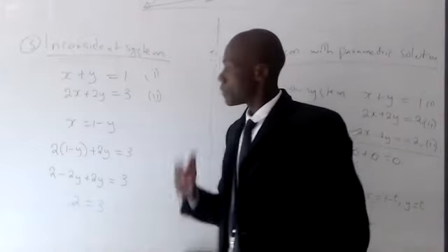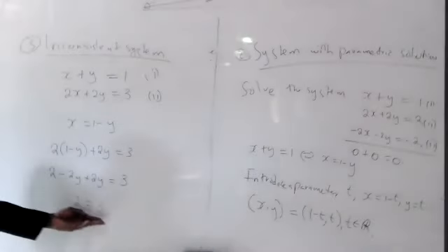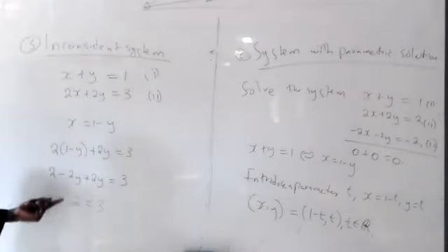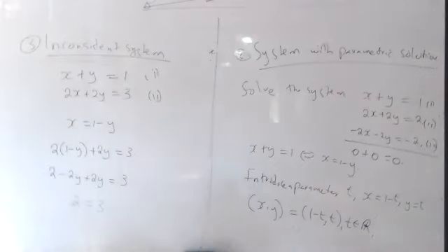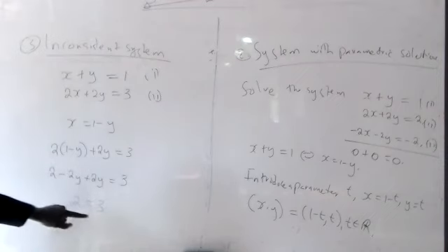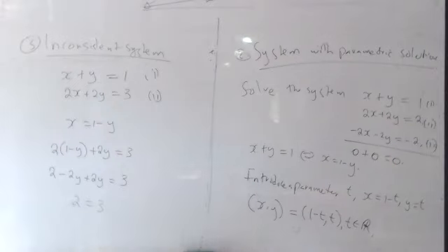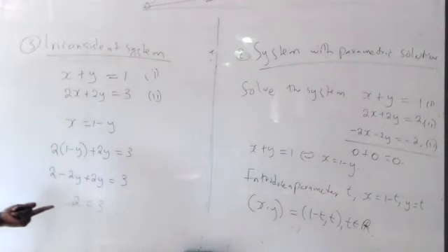And by the way, if I'm trying to test if you know that not all systems have solutions, I'll bring in inconsistent systems like this. And you'll have to explain to me why you think the system is inconsistent. So this is inconsistent because the statement 2 is 3 does not make sense.